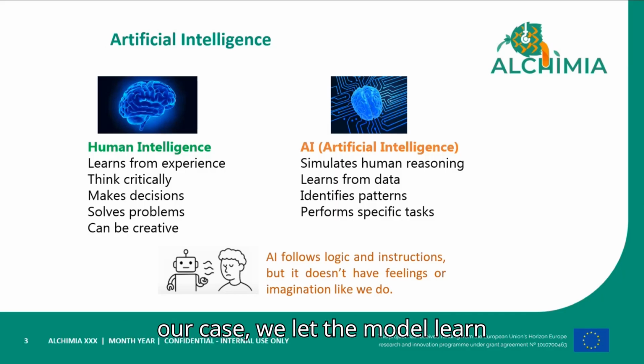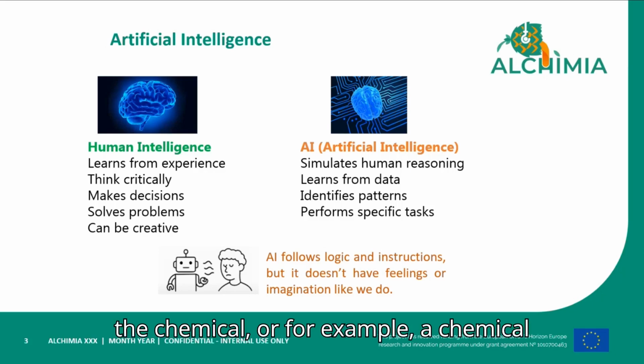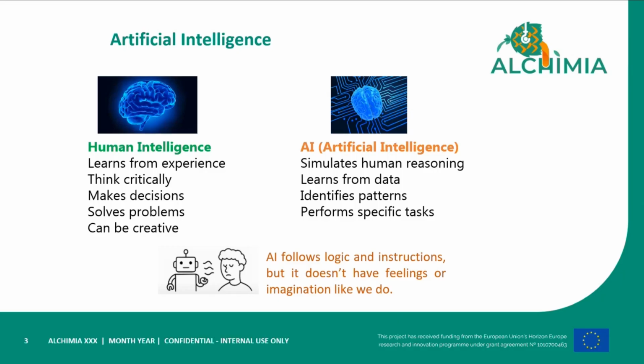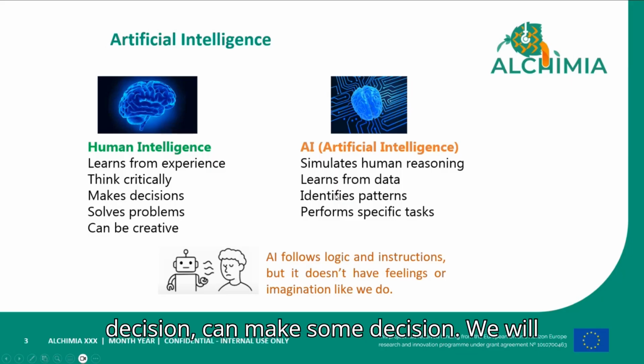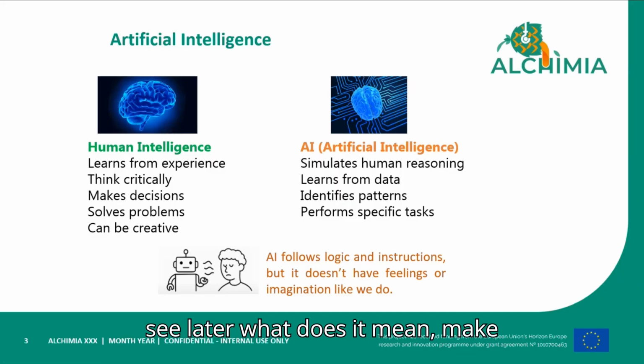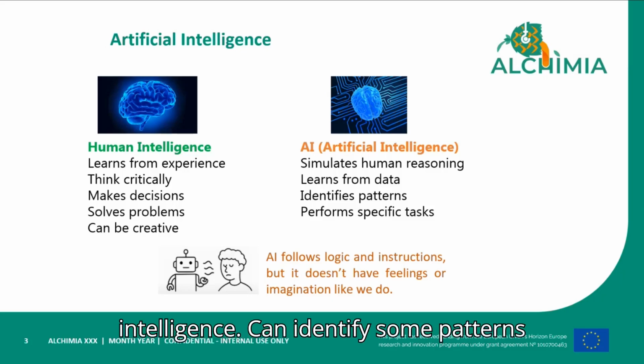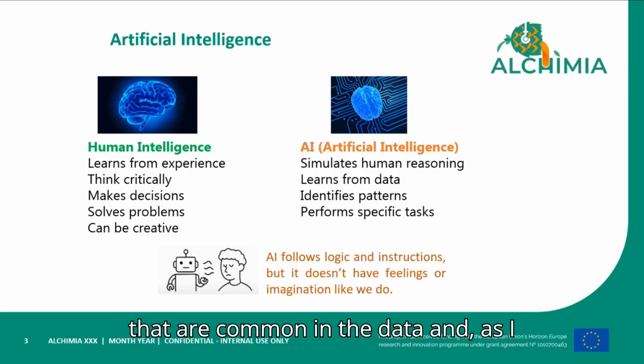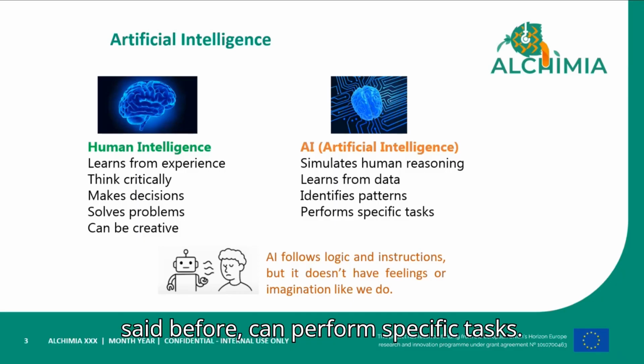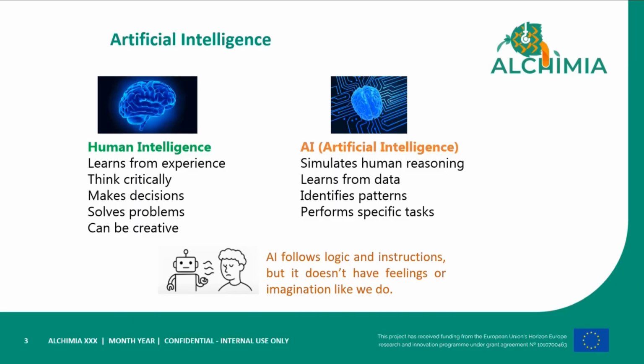In our case, the model learns a chemical or chemical-physical behavior from the data measured in the plant, for example. It can make some decisions. We will see later what making decisions means in the case of artificial intelligence. It can identify patterns that are common in the data and, as I said before, perform specific tasks.